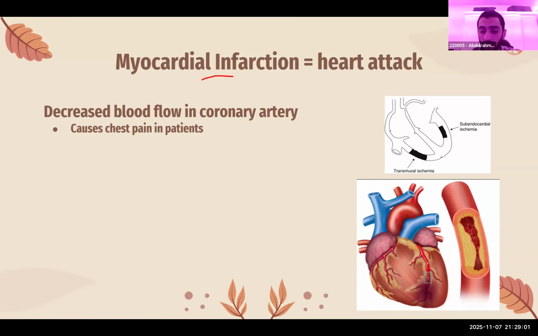What is this artery? You should be able to name this artery. So this artery is the LAD, because it's running in the anterior interventricular area. So we have a constriction here, and you can see the area after it is dead.